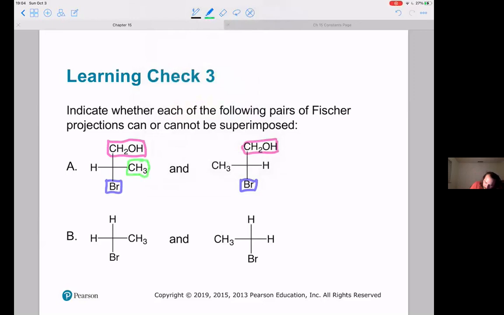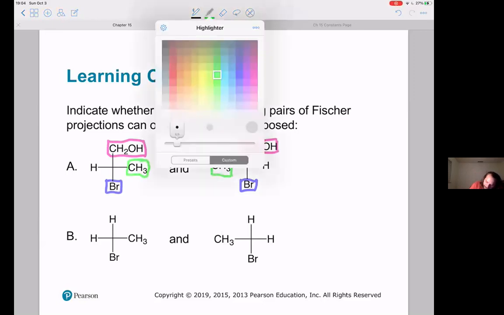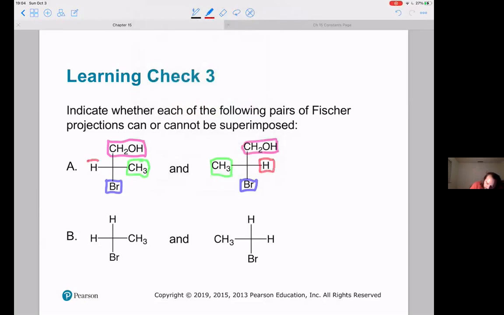This methyl group is on the right over here and on the left over here. And this hydrogen's on the left structure and the right on the right structure. So these would be a pair of enantiomers, which cannot be superimposed.